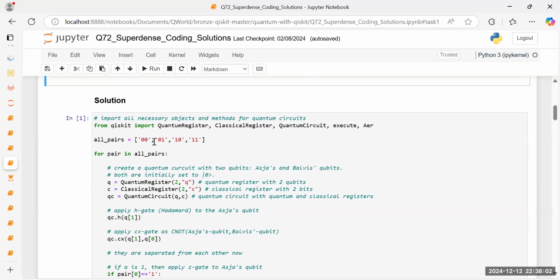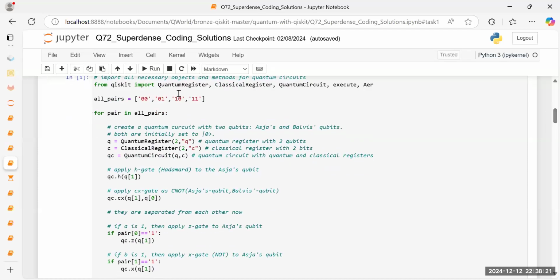So these are the four possible values that Azure can send. And we're going to test out all 4 of them. So we have our circuit here, 2 qubits and 2 classical bits.